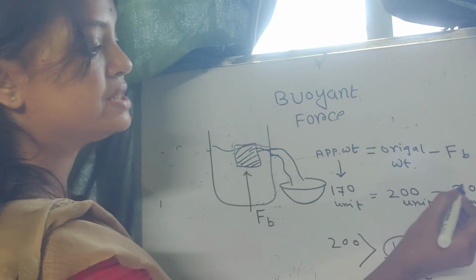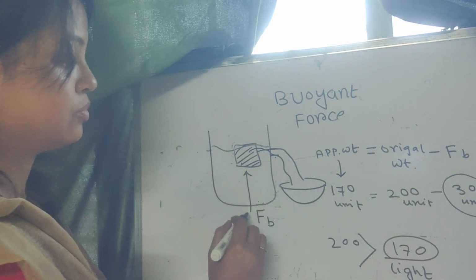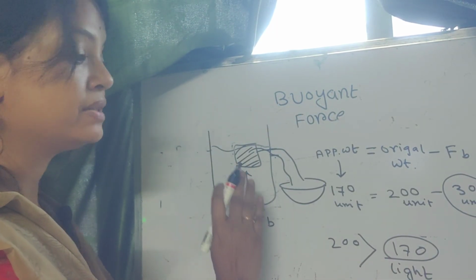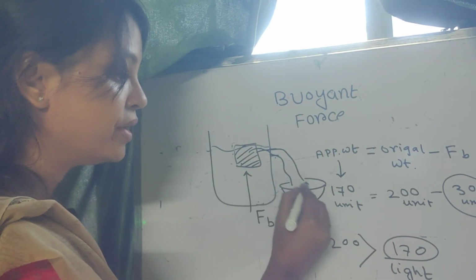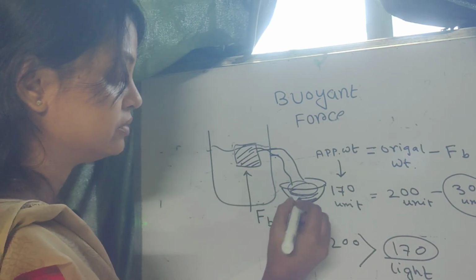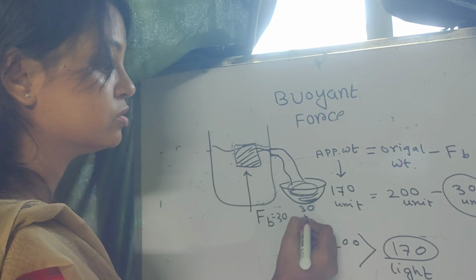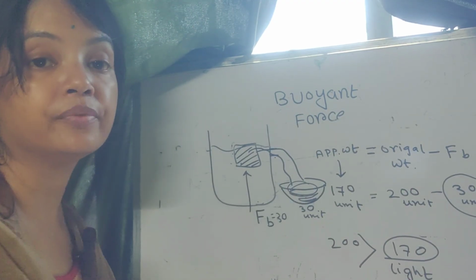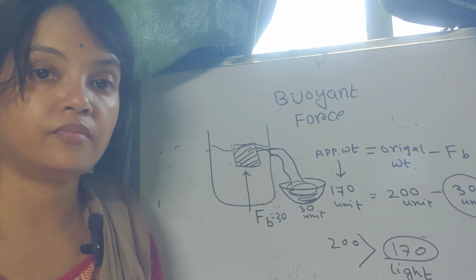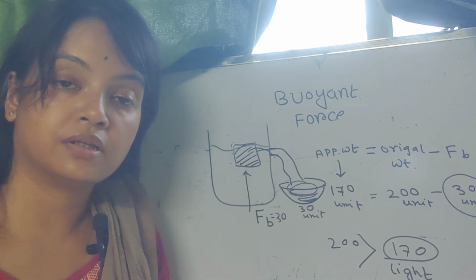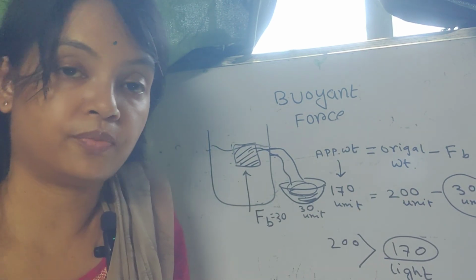And this 30 units, this buoyant force acting here, is equal to the weight of this water, that is, if FB is 30, then the weight of the water is also 30 units. Hope up to this you have clearly understood.